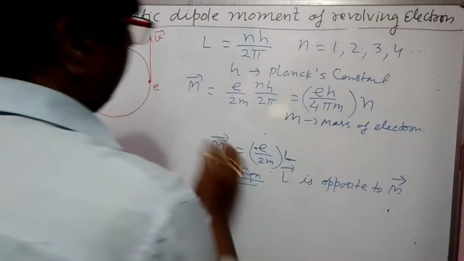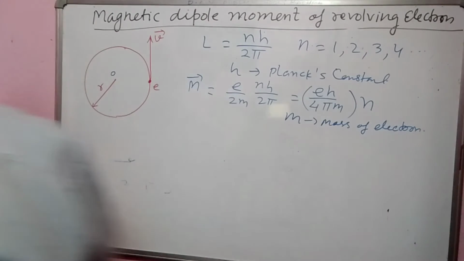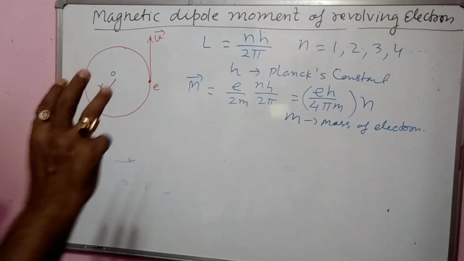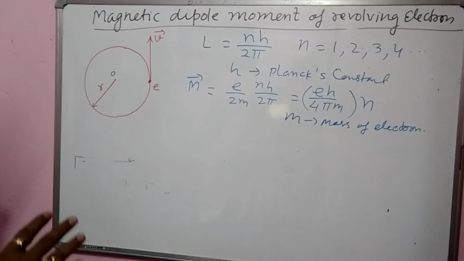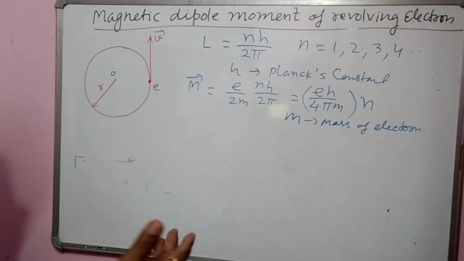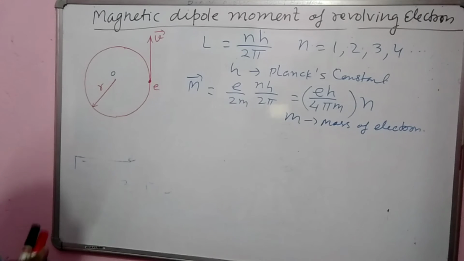So the bracketed quantity is constant, only n is changing. n means the number of the orbit. If it is in K, 1, in L orbit, 2, in M, that is K, L, M, 3, likewise. So n is variable here, only n is changing.